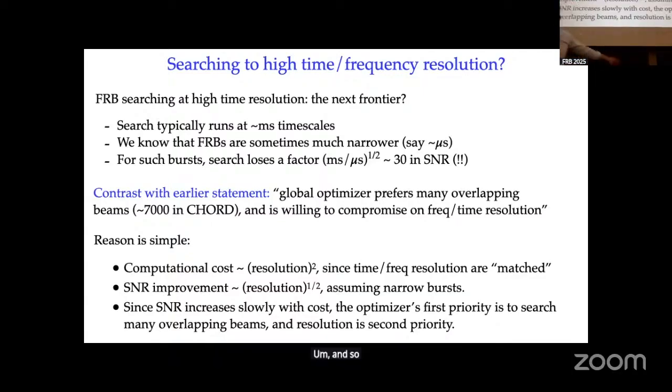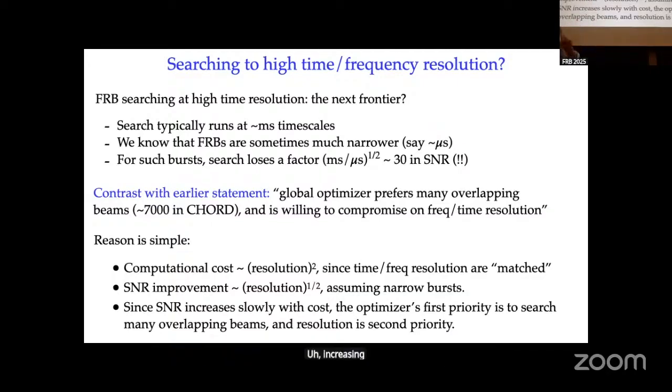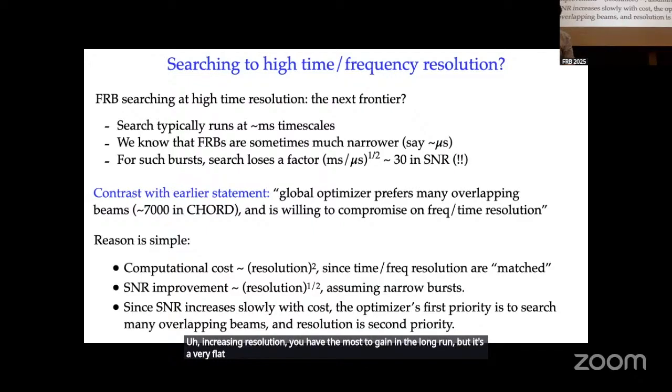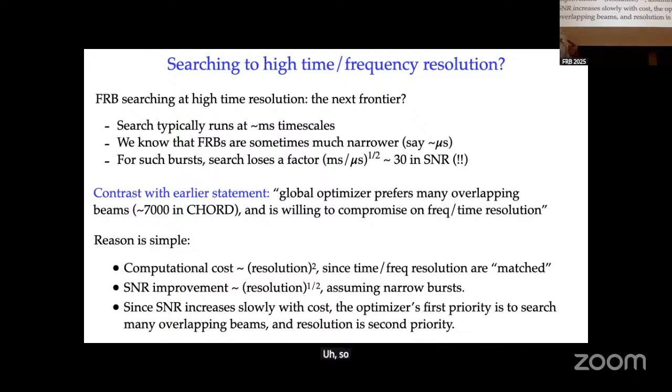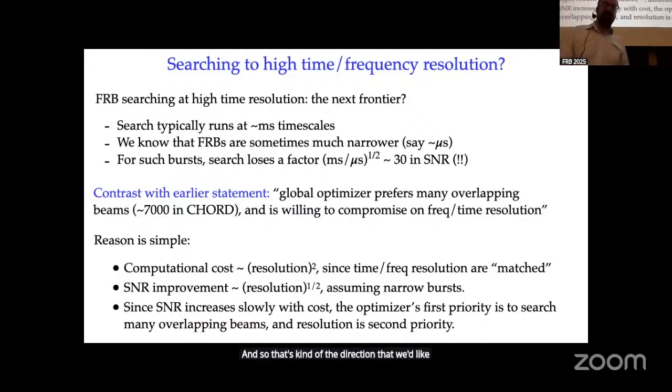And so even though, from the perspective of the optimizer, increasing resolution is where you have the most to gain in the long run, it's a very flat direction. The improvement is slow. That doesn't mean that it doesn't do it. It just means that it crowds the field with beams first and then switches to a mode of increasing time and frequency resolution. And that's the direction that we'd like to go in the future.